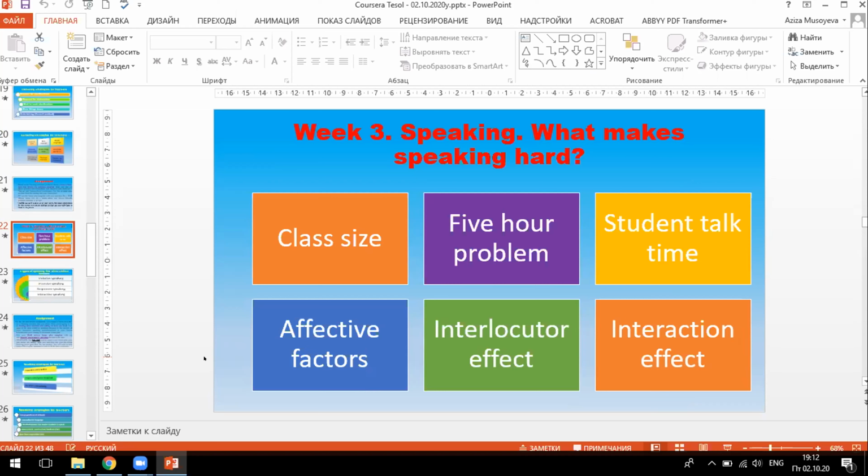Also, it depends on the lesson time, time management, I would say, because if the lesson is short, and the class is very big, there isn't enough time for all the learners to be asked by a teacher, and for all the learners to answer and express their ideas.